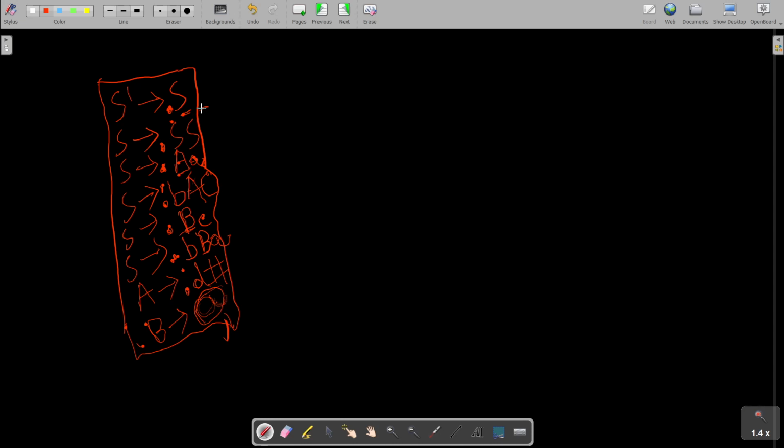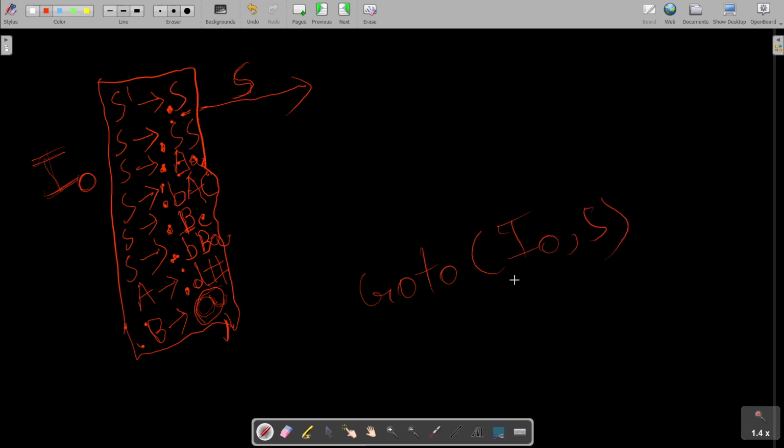Now you have been asked, this is I naught, right? This is the first state, or the I naught state. We have to determine that for I naught, if we provide a symbol, that is go to I naught comma s. Then if we provide a symbol over here for s, where will I naught transit to, or which state will it go to?